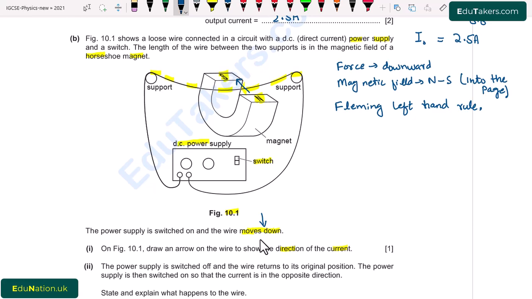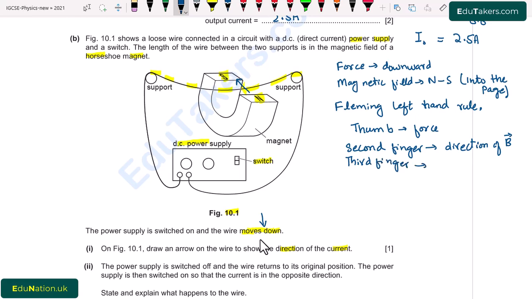According to Fleming left hand rule, if I consider my left hand and arrange the second finger, third finger and thumb mutually perpendicular to each other, then my thumb shows the direction of force. The second finger points in the direction of magnetic field, B is for magnetic field, and the third finger will point in the direction of current.